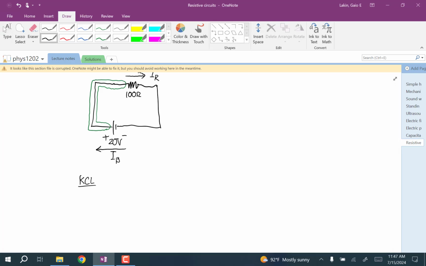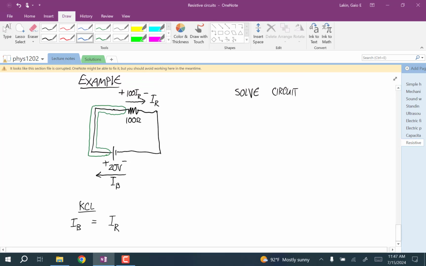So we know that IB, the one current going into the node, is equal to IR, the one going out. Now if we go to the other node, I'll do this one in blue, what does that one say? Well, now it says that IR is going into the node and IB is going out of the node, but we get the same equation. IB and IR are the same. So I'm just going to leave that off.